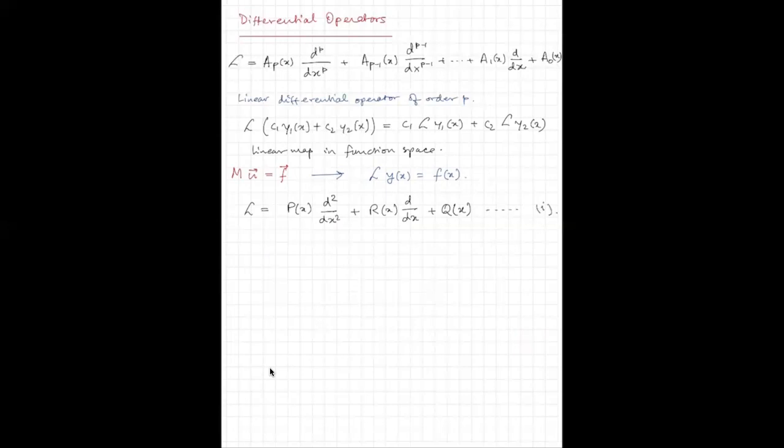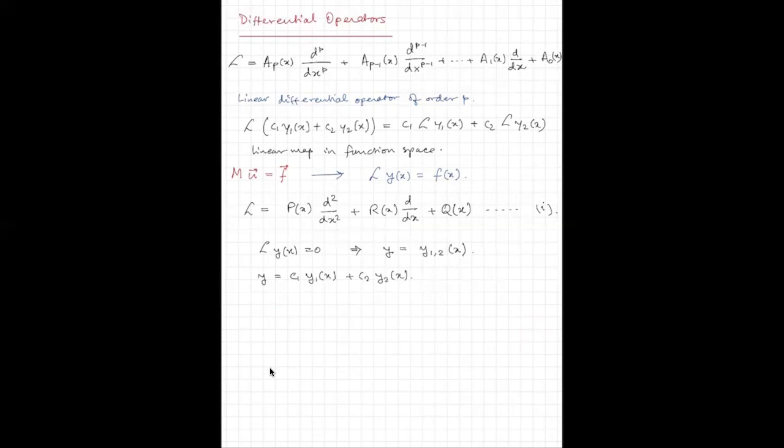So for any such homogeneous equation, something like L of y(x) is equal to 0, this has two non-trivial linearly independent solutions, y1(x) and y2(x), and the general solution is y equals c1 y1(x) plus c2 y2(x). This is something that you know very well.